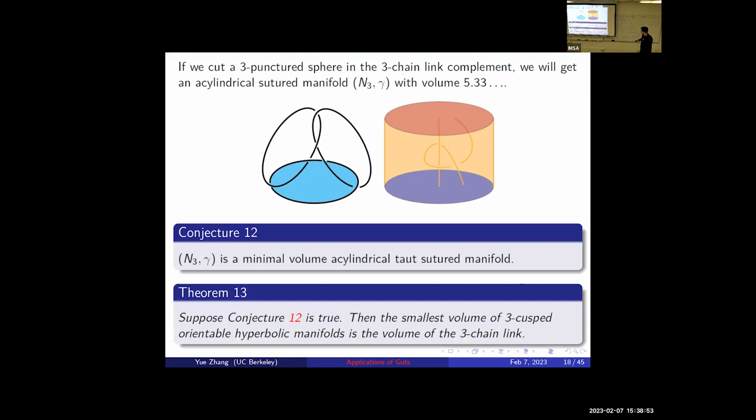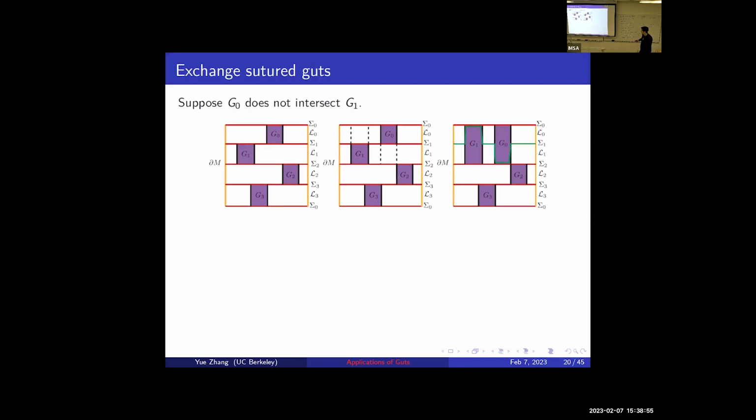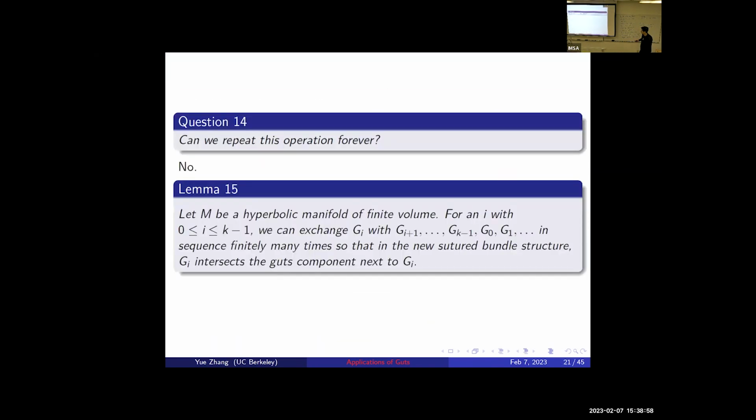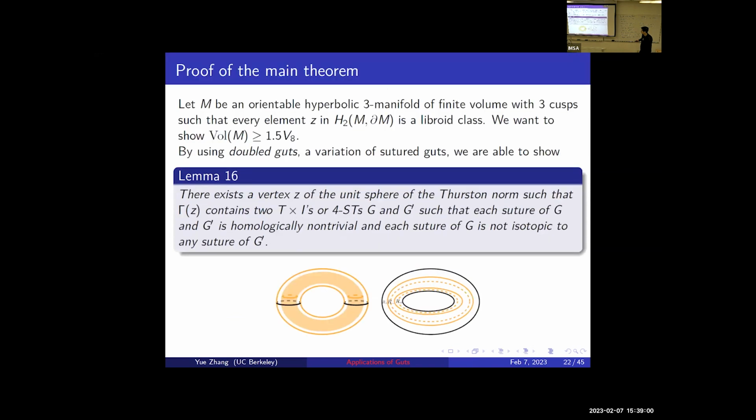Oh, okay. And I think that is essential. Yeah, this Lemma 16 contains at least two components such that each suture and G prime is not trivial.